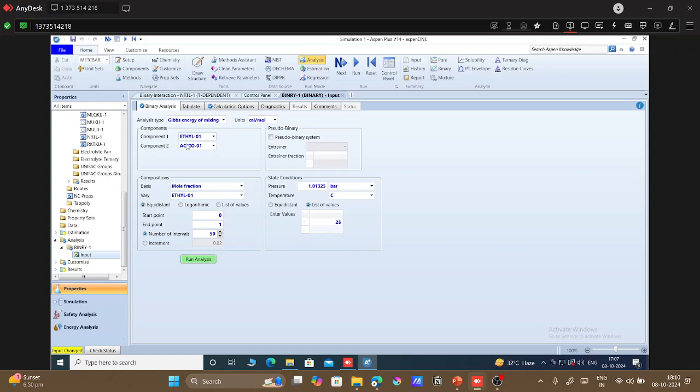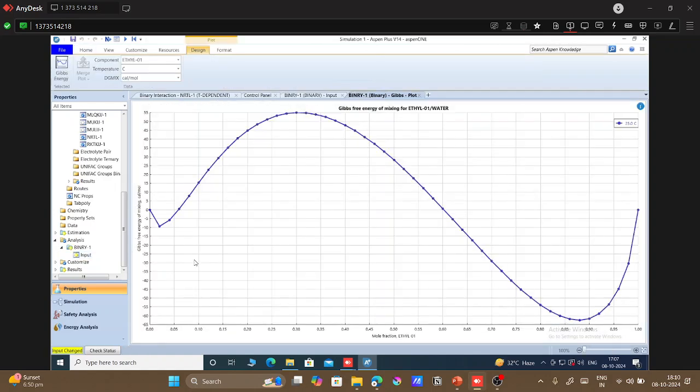So for that, component 1 is ethyl acetate, component 2 select as water, mole fraction of ethyl acetate from 0 to 1, 50 interval points, and these are the temperature and pressure conditions. Run the analysis, and this is how the plot looks. As you can see, for a low fraction of ethyl acetate in water, the Gibbs free energy of your liquid mixture is positive.